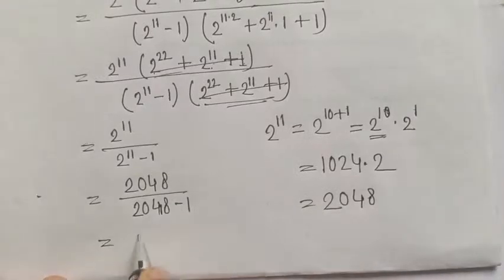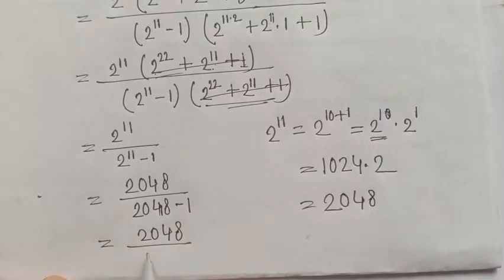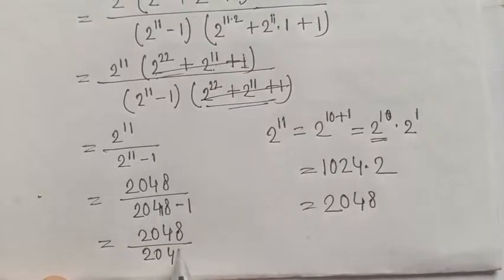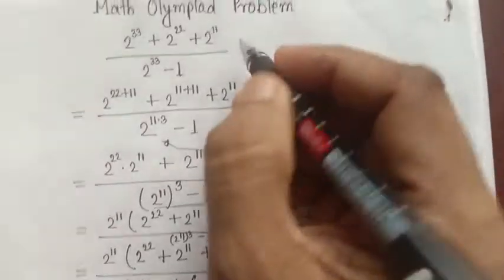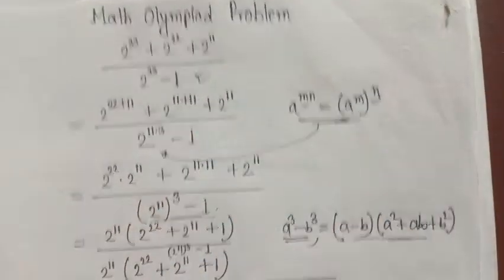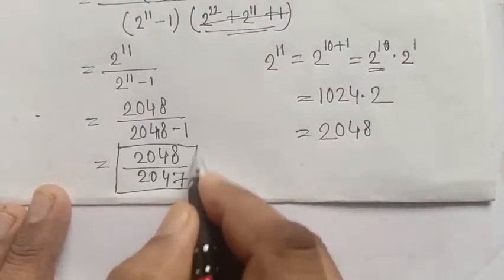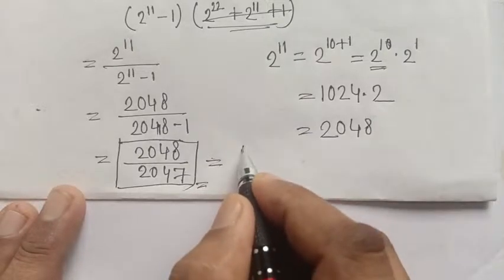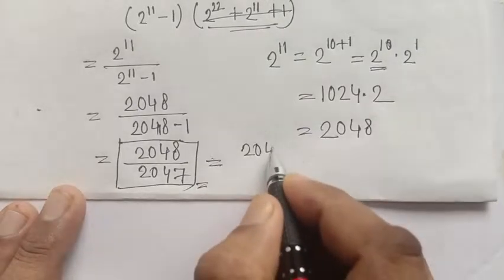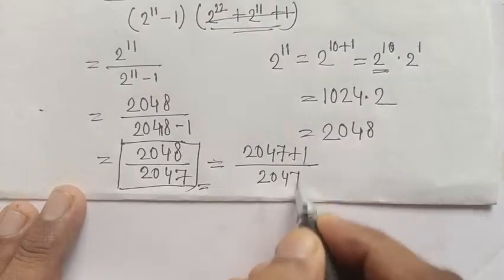that is 2048 by 2047. Hence the value of the expression will be this one: 2048 by 2047, and we can express this as 2047 plus 1 by 2047.